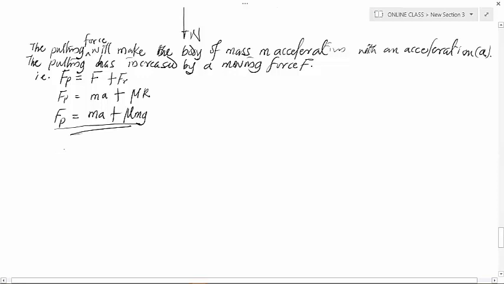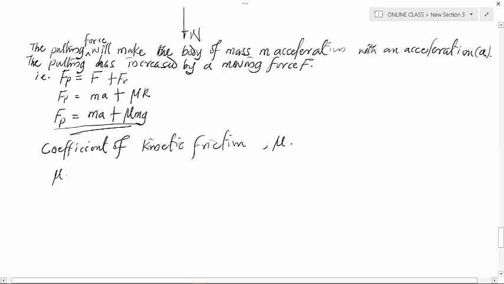Then, with that, how do we find the coefficient of kinetic friction? It is still mu, where mu is taken to be F over R, and that will give you MA over what?